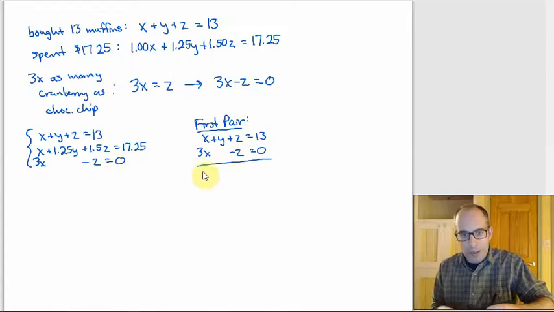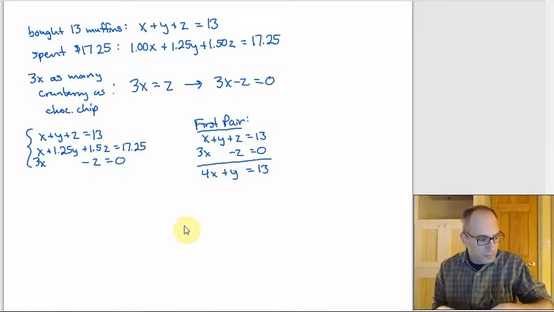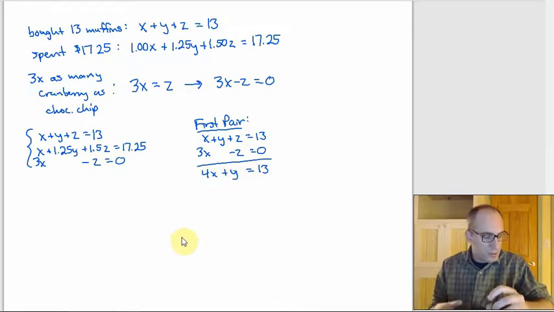And if you add those together, you're going to get that 4x plus y equals 13. Okay, so it looks like that's going to end up being helpful.